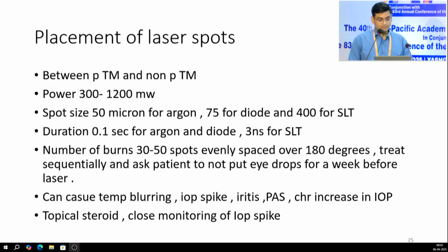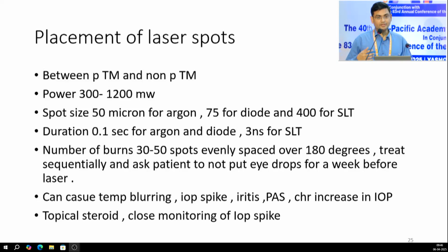So in laser spots, you have to see that if you are using the power, then it should be around 300 to 1200 milliwatts. The spot size should be around 50 micron for argon and 75 for diode lasers. Duration should be 0.1 second. You can give 30 to 50 spots evenly spaced over the 180 degrees.